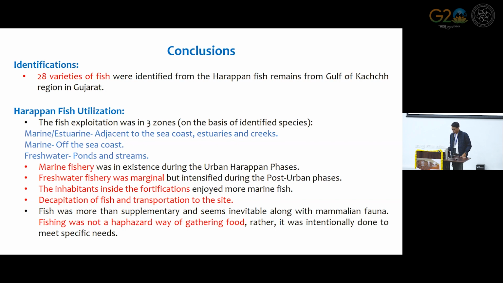Freshwater fishery was marginal, but became intensified during the post-urban phases. The inhabitants inside the fortifications enjoyed more marine fish. Decapitation of fish and transportation was also observed. And through the studies, we can say fish was something more than supplementary and seems very inevitable along with other mammalian fauna.